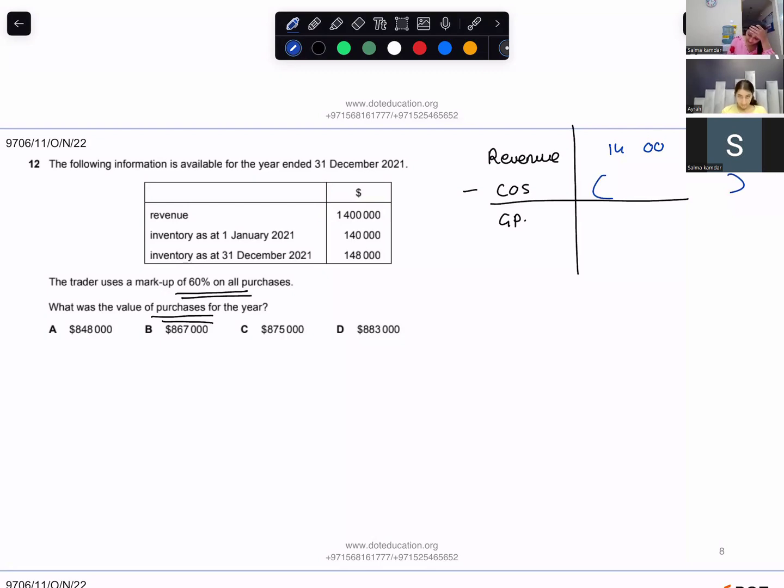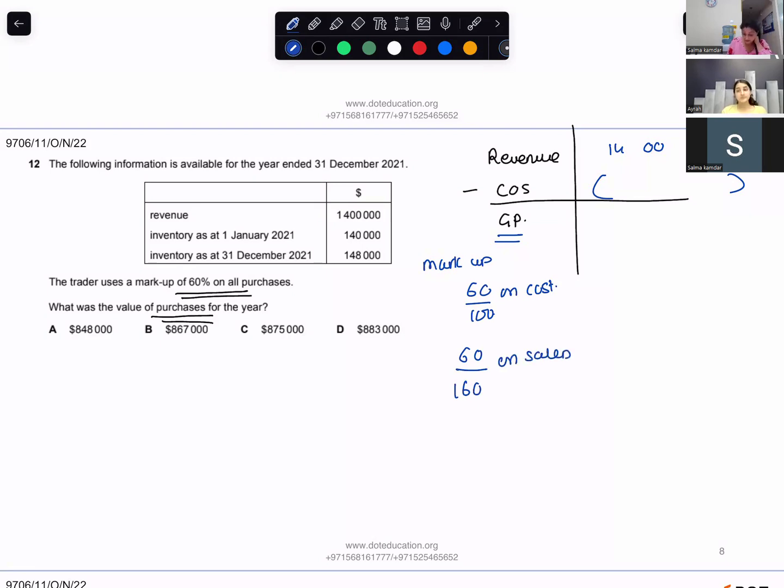Cost of sales, I will first find out. So gross profit. Gross profit is markup. It is 60% on cost. So 60 upon 160 on sales.